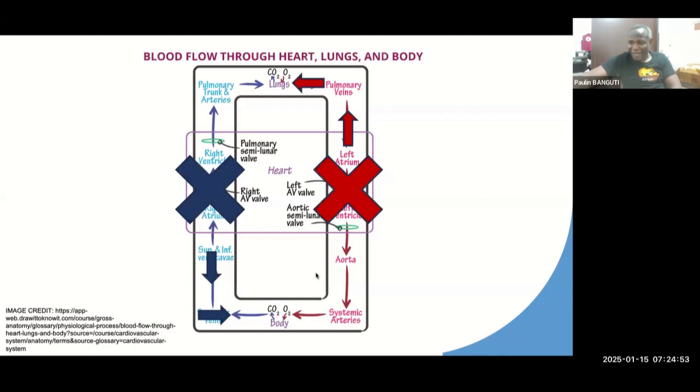This phenomenon is central to understanding the progression from heart failure to cardiogenic shock. So that will also explain why the patient will be in hypoxia and will have some crackles because of pulmonary edema.